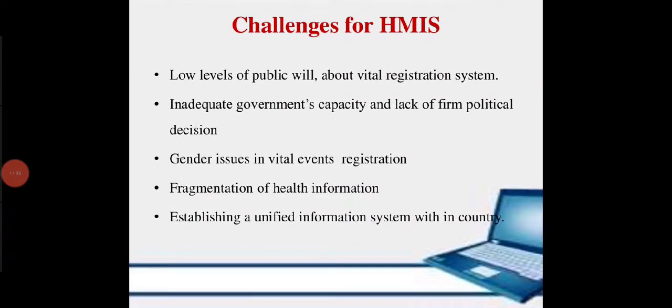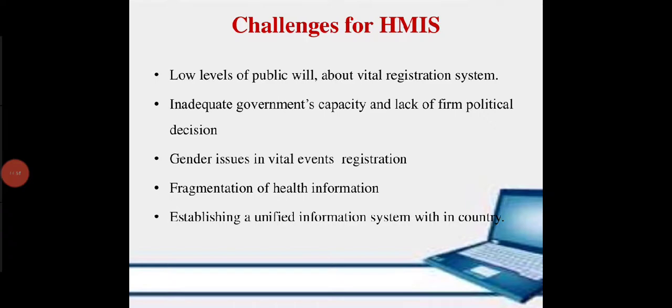What are the challenges for HMIS? Low level of public will about vital registration system. Okay, we should improve that, or we should give information about this to the public so that they will willingly come and register. Inadequate government capacity and lack of firm political decision. Okay, so political decision is very little.